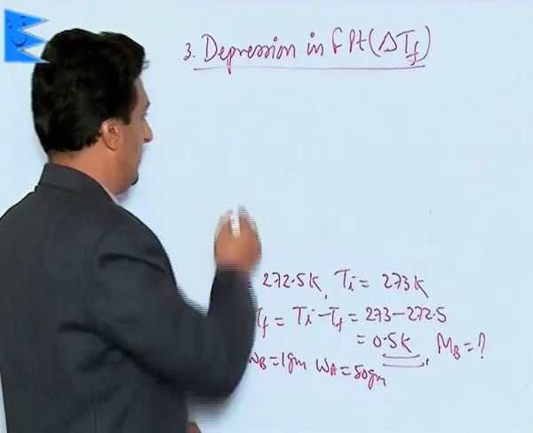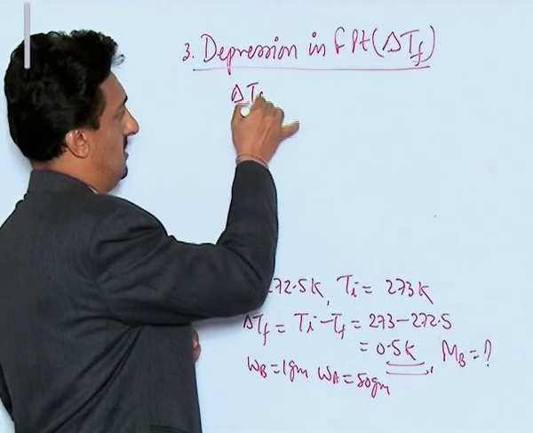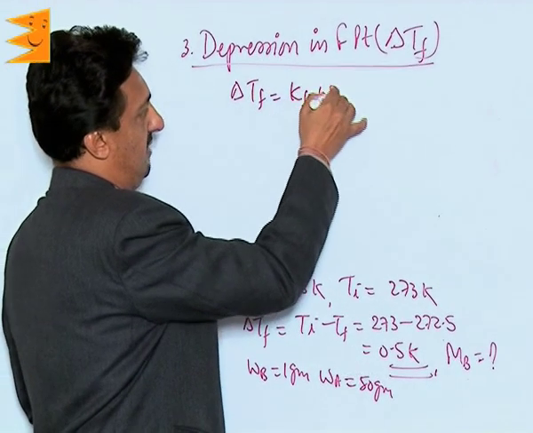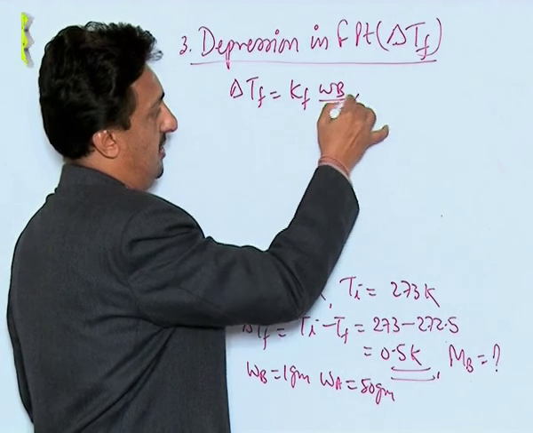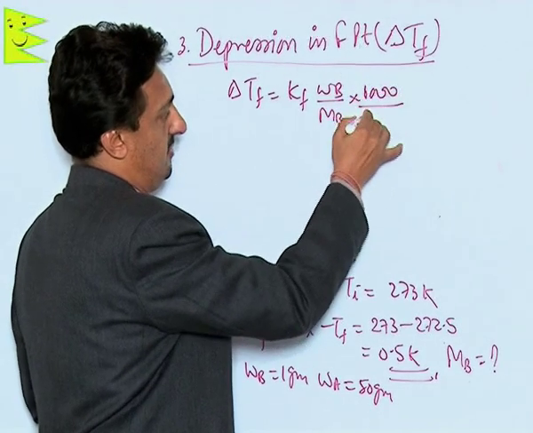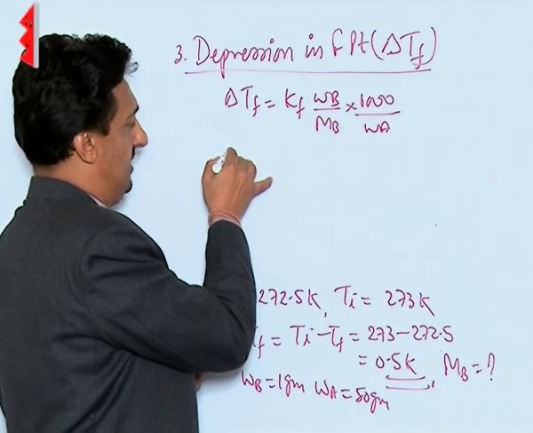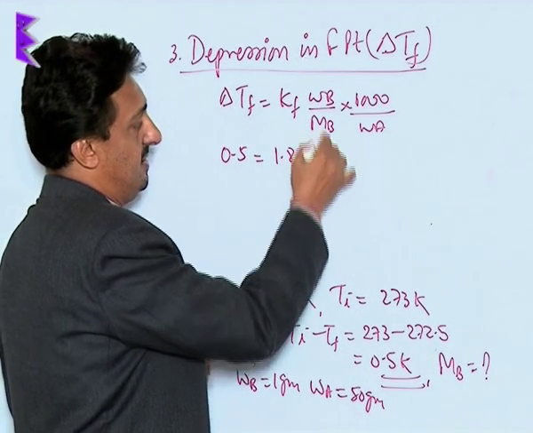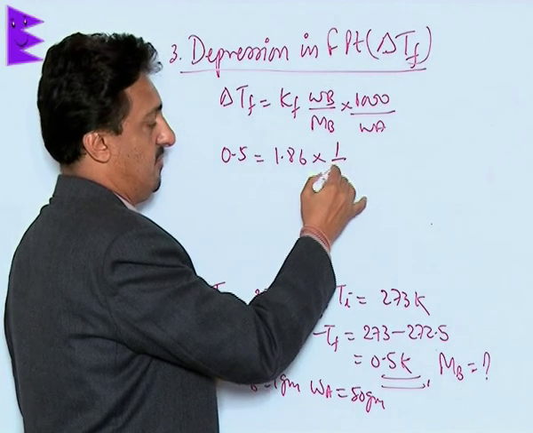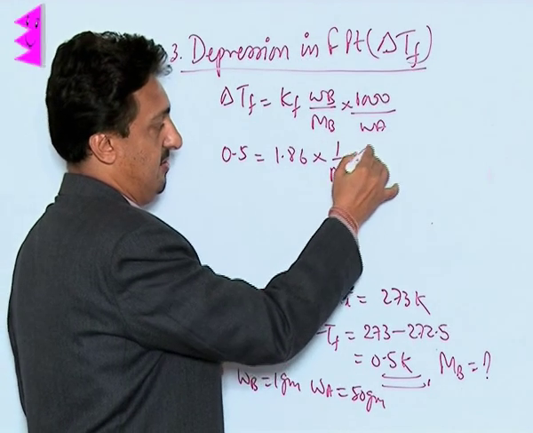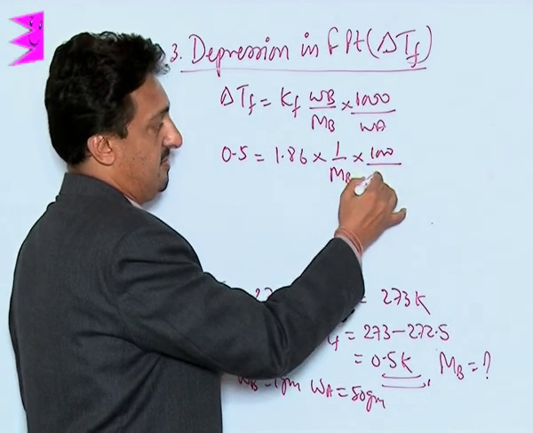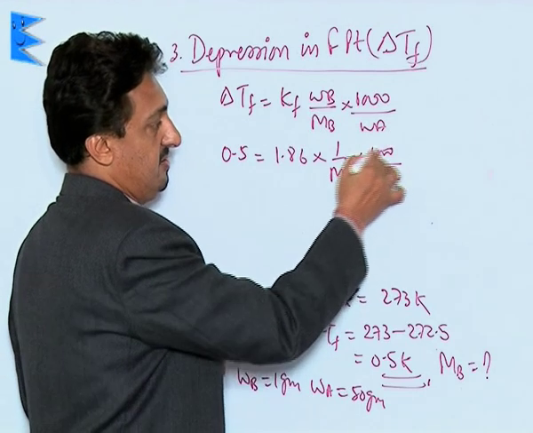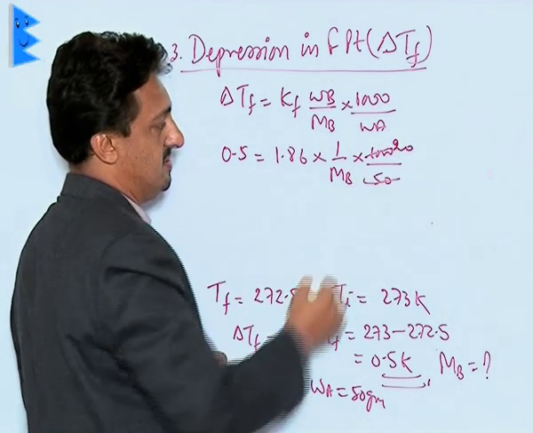The formula we know is delta Tf equals Kf into weight of the solute into 1000 upon molar mass of the solute into weight of the solvent. Delta Tf is 0.5, Kf is 1.86, weight of the solute is 1 gram, molar mass of the solute we want to know, and 1000 upon 50 is 20.